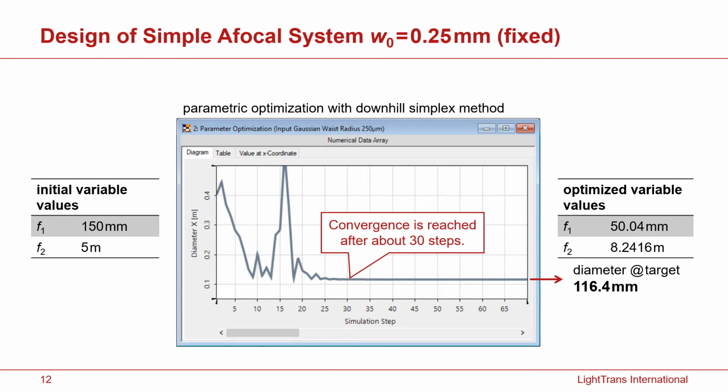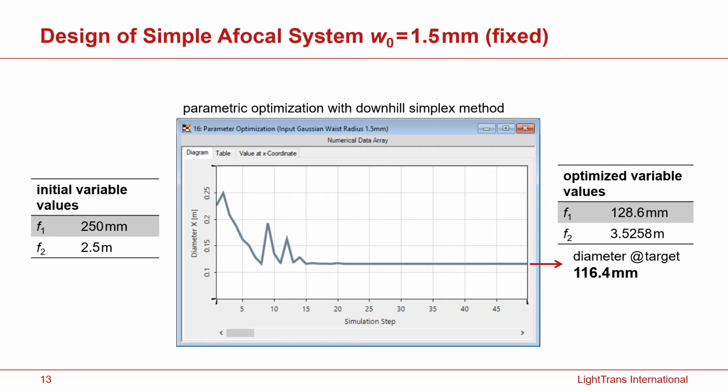Obviously we want to get a very bright and strong spot in space. First, we make a test with an input beam width of 250 micrometer, and by that we get the minimum diameter at 10 kilometers away, which is 116.4 millimeter.